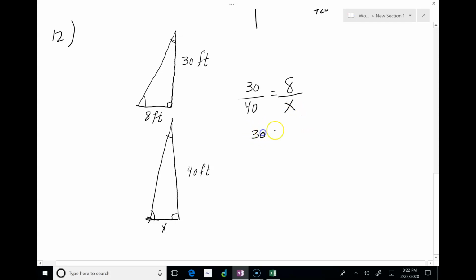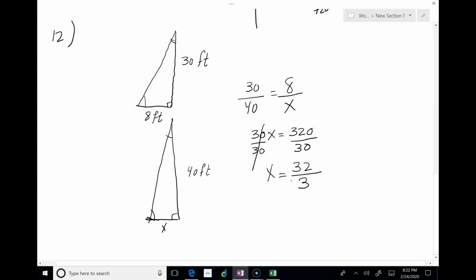So 30x is equal to 320. Divide both sides by 30. X is 32 over 3.